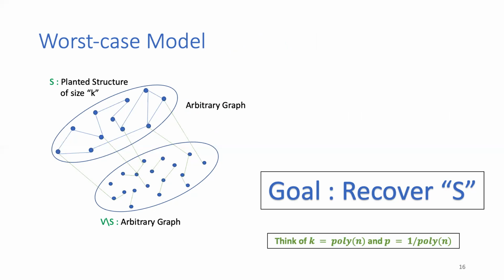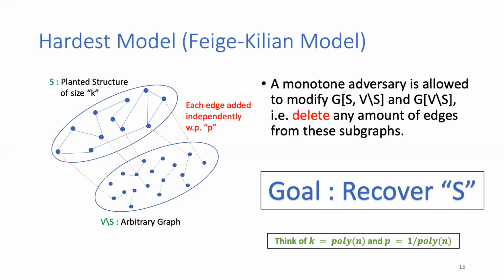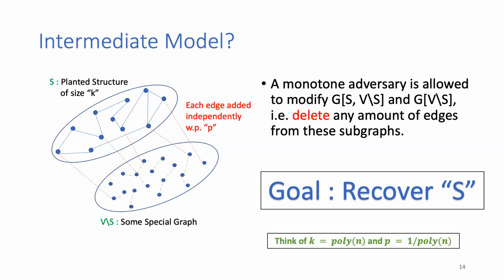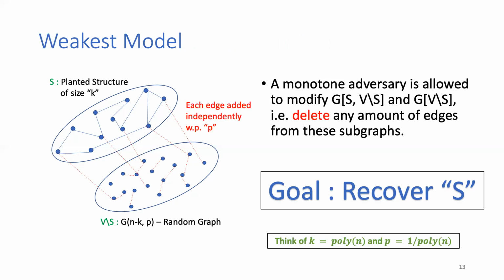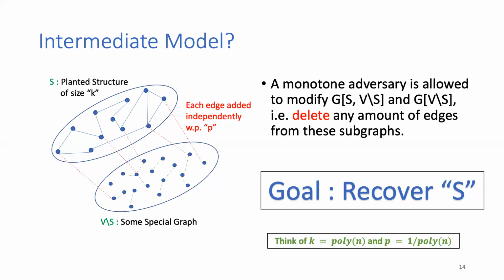Recall that in this talk, we are going to study mainly the intermediate model, which is when V minus S is some special graph, or the weakest model in which V minus S is a random graph. I'll only talk about these two models.